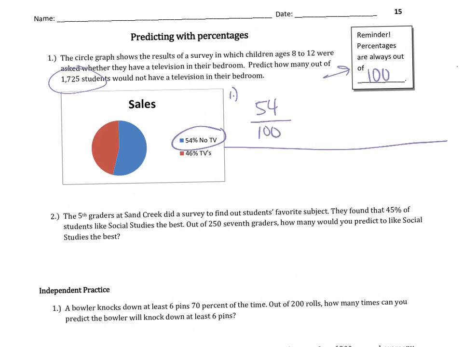So we could just write 54 out of 100 and then x out of this number, 1,725 students. So go ahead and solve that. I will do the same. And it ends up being about 900, we'll round up, 932 students.